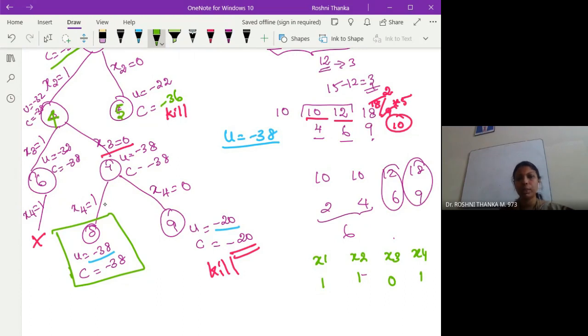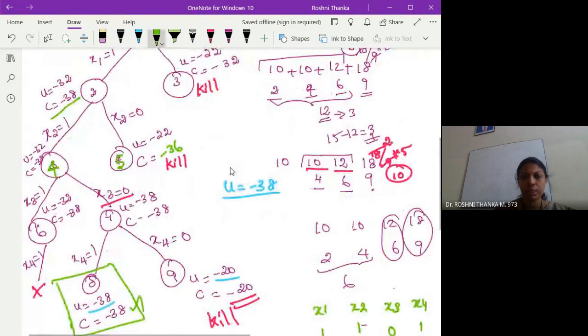Now, when you calculate the profit, the first item profit is 10, second item profit is 10, third item we are not going to include, fourth item profit is 18. And what is the total? It is 38. So we got the cost correctly. And then what is the weight? Have we calculated the weight properly? The weights are 2, 4, 6 and 9.